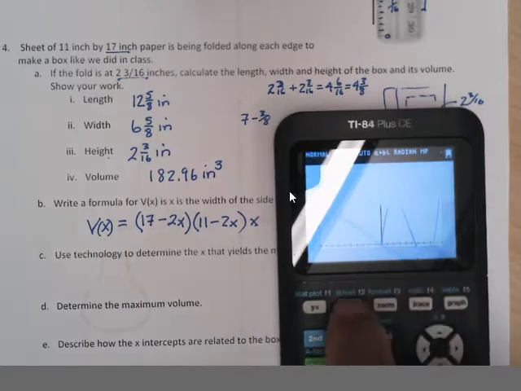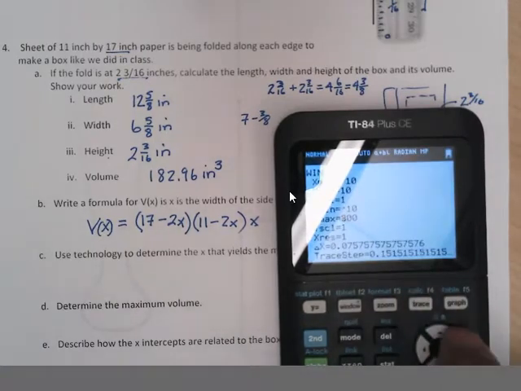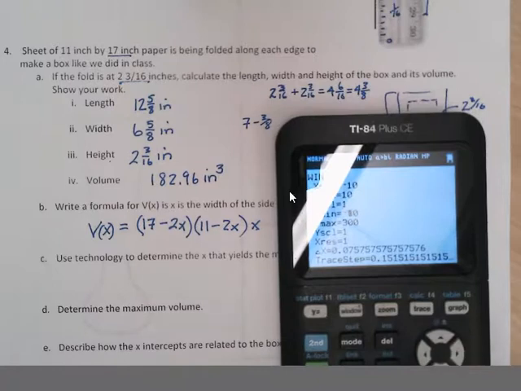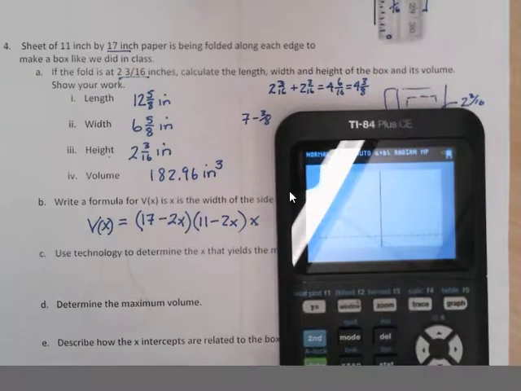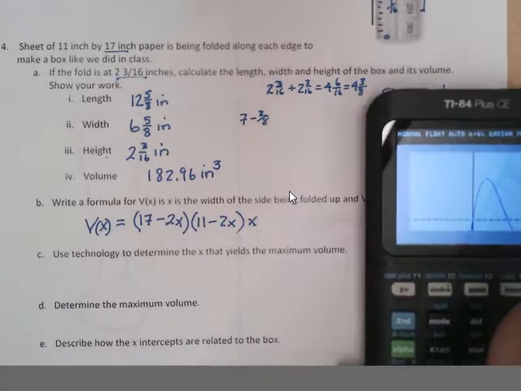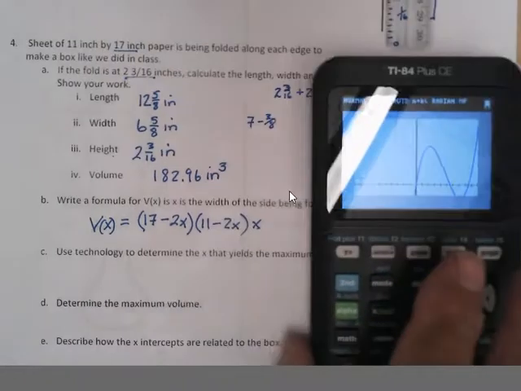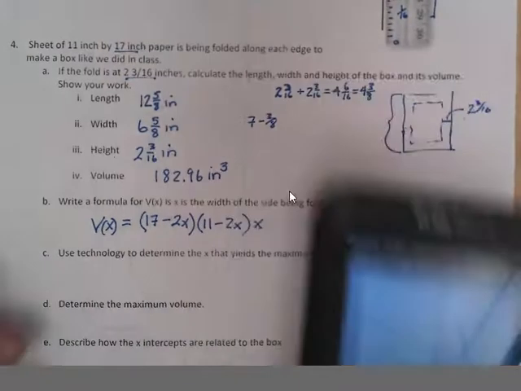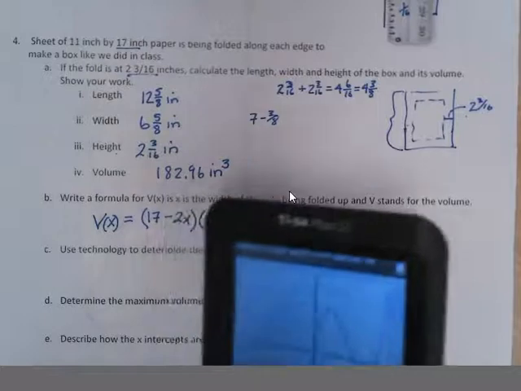May want to look a little lower here, so I'll go minus 50. Still goes off. But there's kind of the idea of what the graph looks like. And that's very similar to the one we did for our box. It's just different dimensions in it, so it's going to be a similar problem.